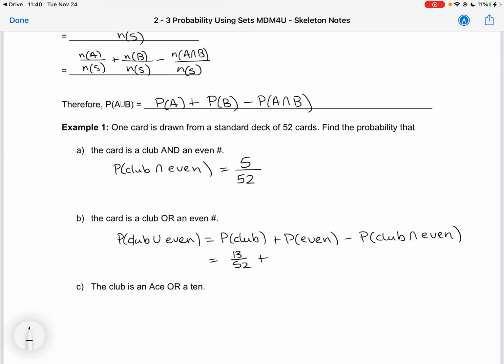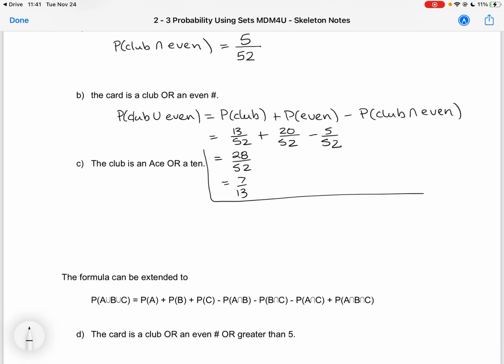The probability that it's even would be 20 numbers out of 52, right? So I've got 5 cards per suit that are even times 4 suits. And then I'm going to take away 5 out of 52, which was what I calculated above for the probability that it's a club and even. Evaluating those is going to give me 28 out of 52, which I can reduce to 7 out of 13.